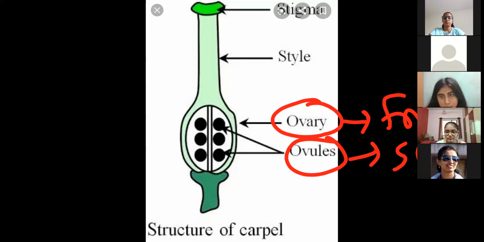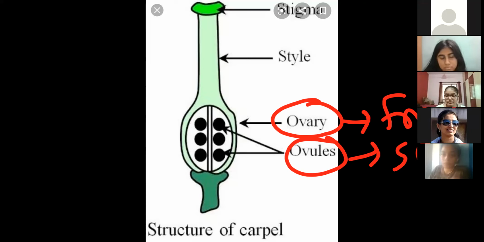Even avocado. So in that a single seed is present, meaning what? See, as many ovules as there are, that many seeds you will get after fertilization. Okay, simple concept. So in this mango, avocado, only a single ovule is present.